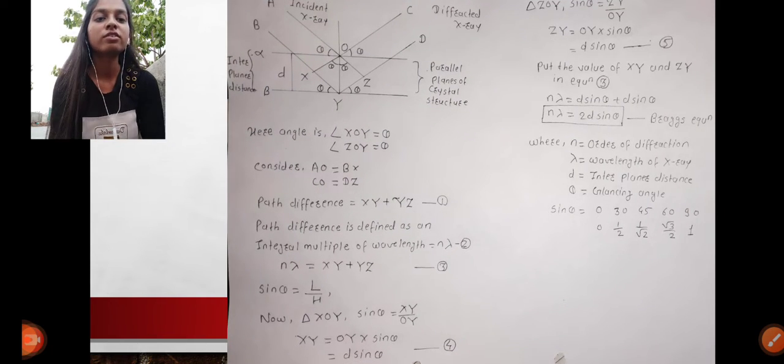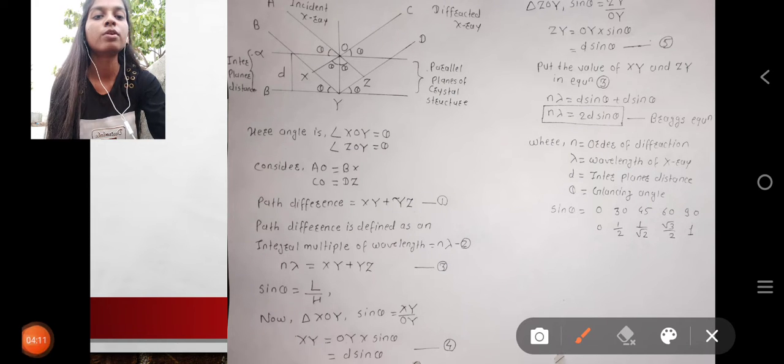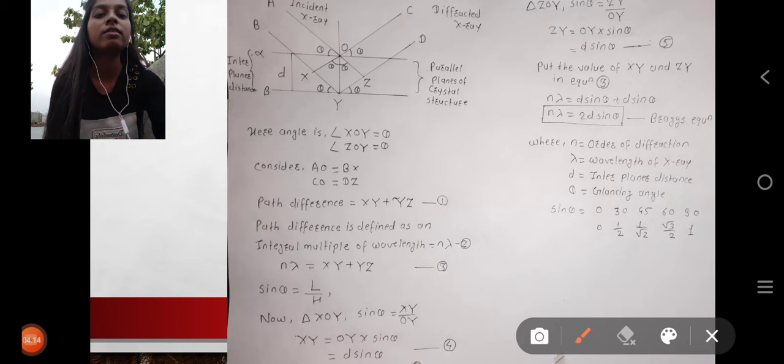Then there are two layers of the crystal which are denoted by alpha and beta, and the two waves A and B which are incident on the two different layers of a crystal are diffracted into C and D. Then a perpendicular is drawn, and the distance between the two layers is denoted by d.